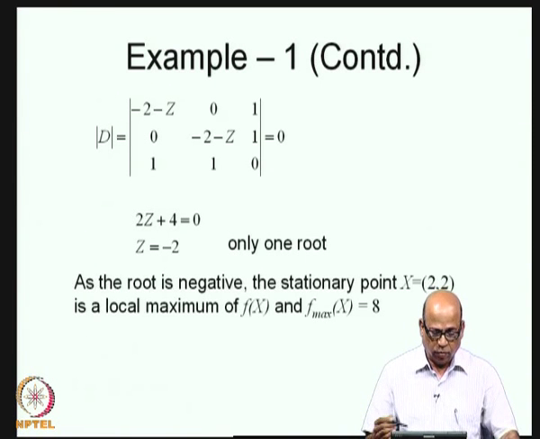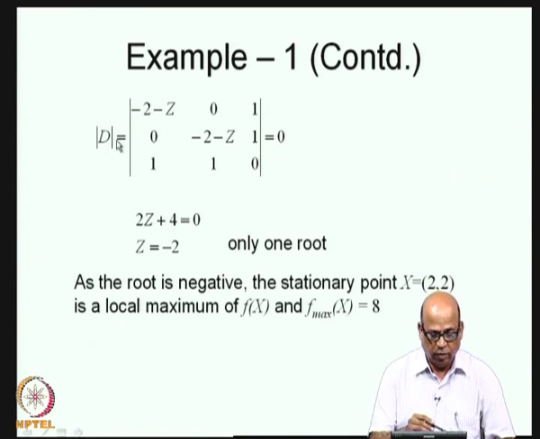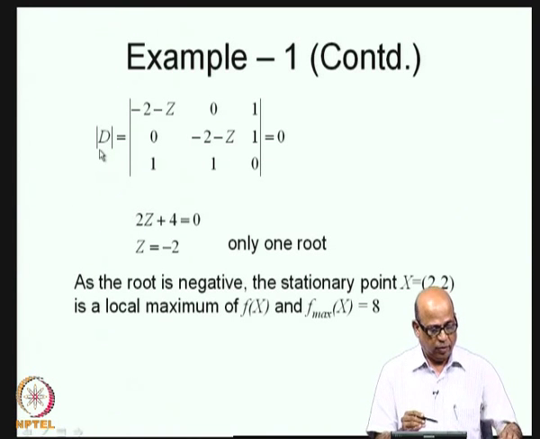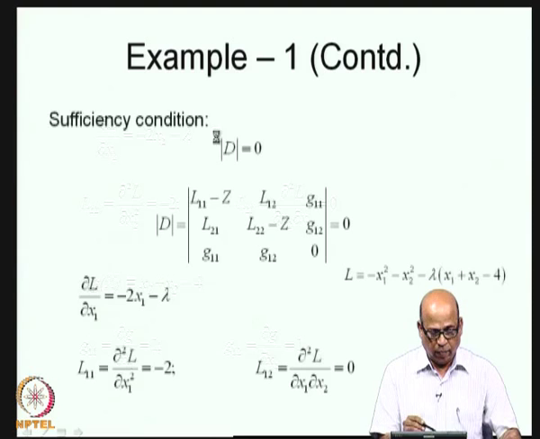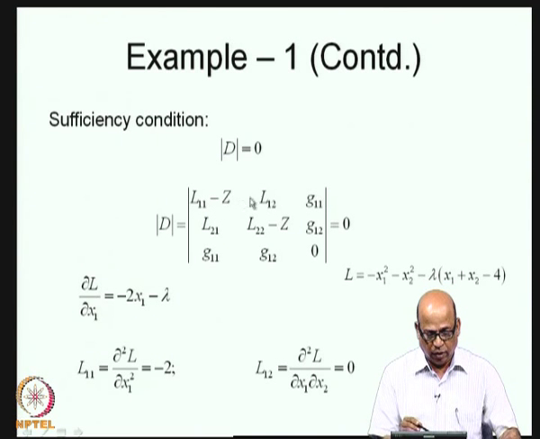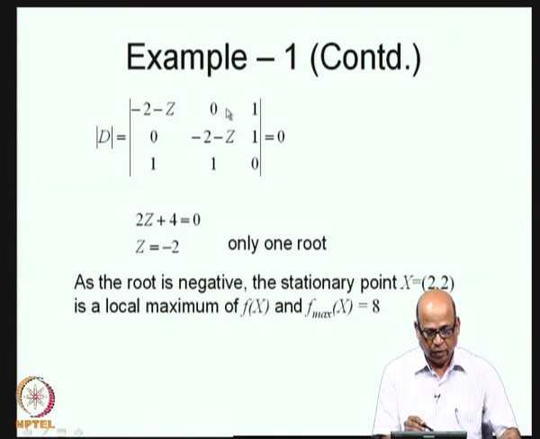So, with this now we formulate the determinant D as L11 minus z, L12, g11, and L11 is minus 2. So, minus 2 minus z, 0, 1, and 0, minus 2 minus z, 1, 1, 1, 0.